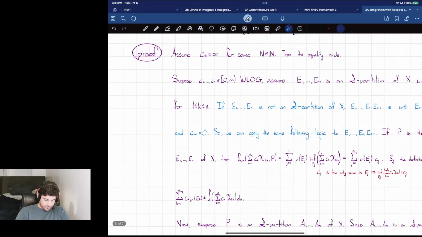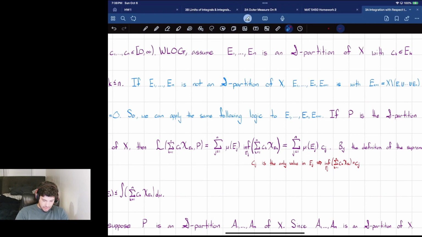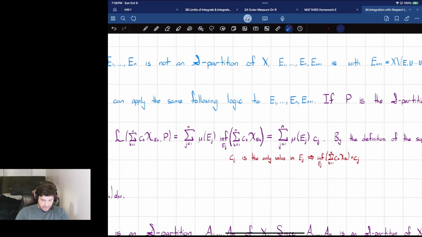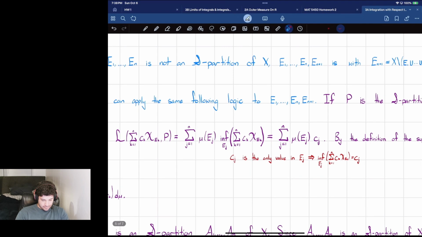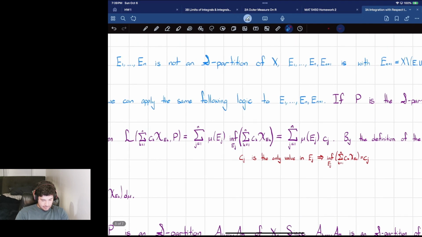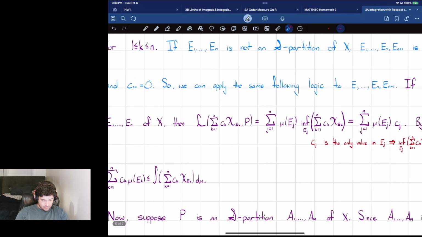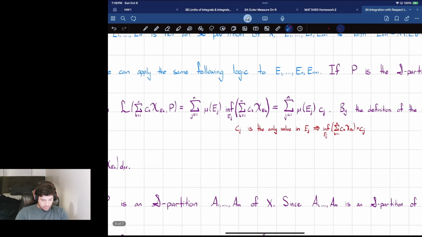Okay, so what I have here, I said Cj is the only value in Ej, which implies the infimum. Yeah, this is true. Yeah, it's crazy how I was tripped up by this.